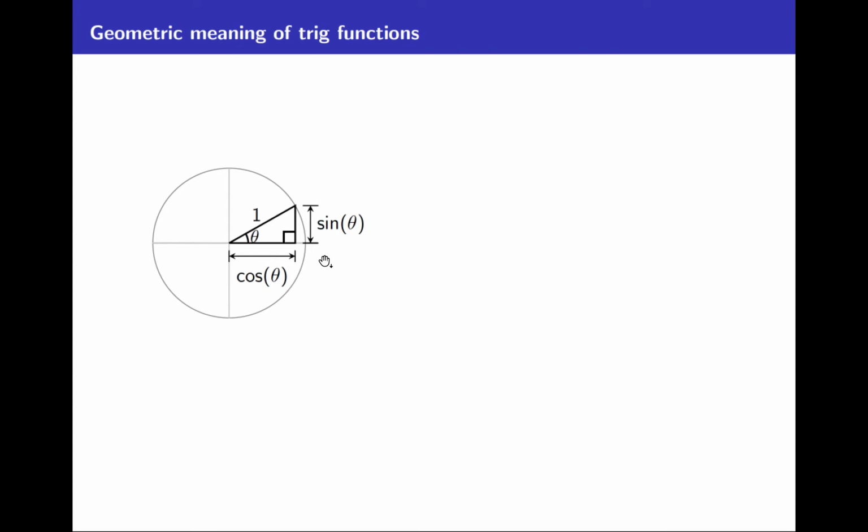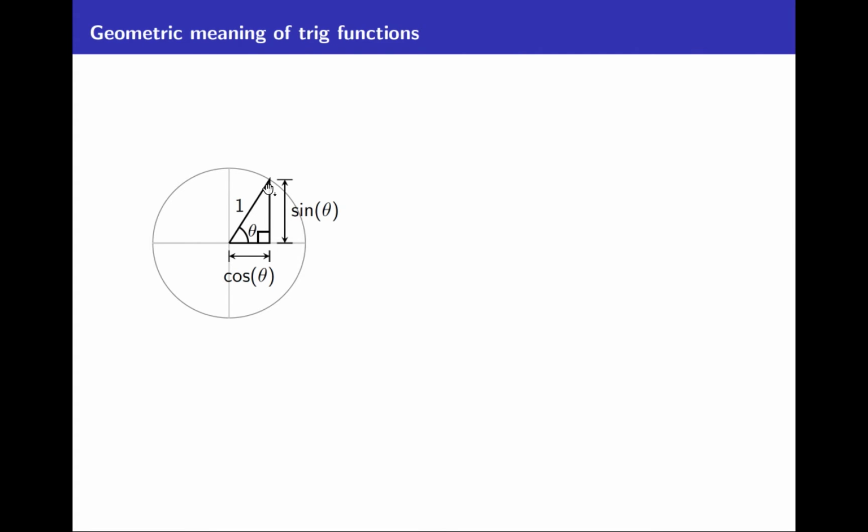As you change theta, the lengths of sine and cosine change as well. So we're going to increase theta, and you see the corresponding values of sine and cosine changing as well.